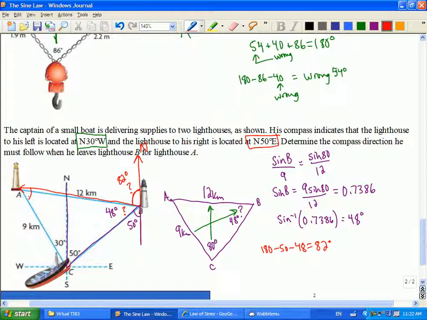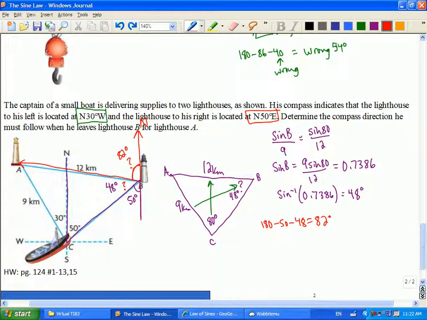But the one we're looking for is the captain's bearing. So if that's 82 degrees, one way we could write this is north 82 degrees west. Some of you might be thinking, well, you're basically traveling west at that point. So it would be correct if you thought of it this way.